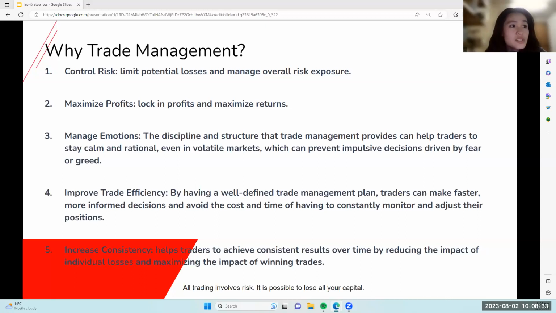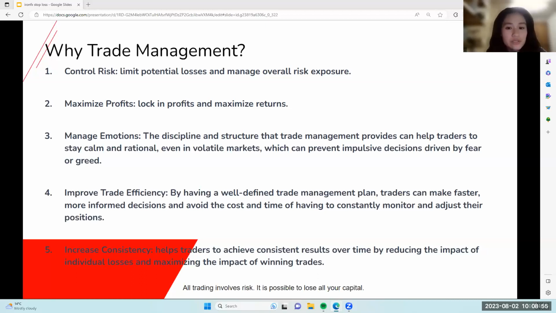Manage emotions. This is pretty important because the discipline and structure that a good risk management strategy provides can help traders to stay calm and rational even in volatile markets, which can prevent impulsive decisions driven by fear or greed.